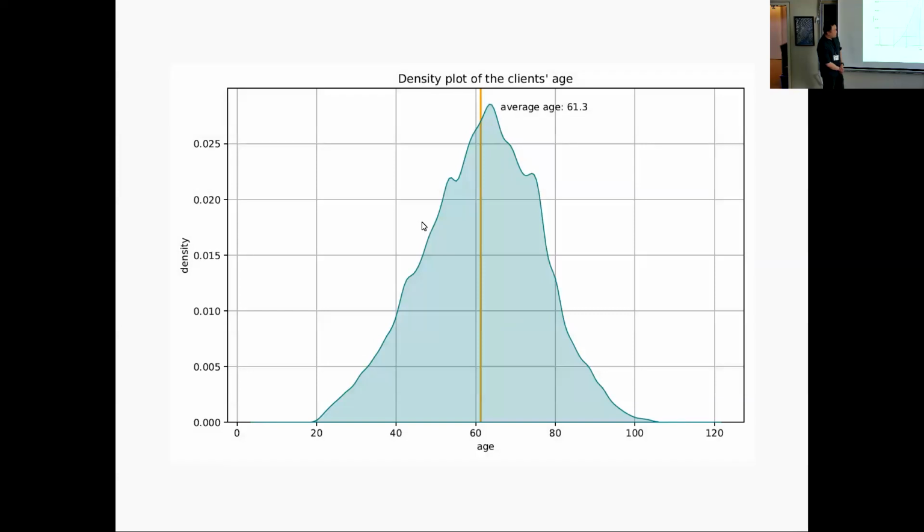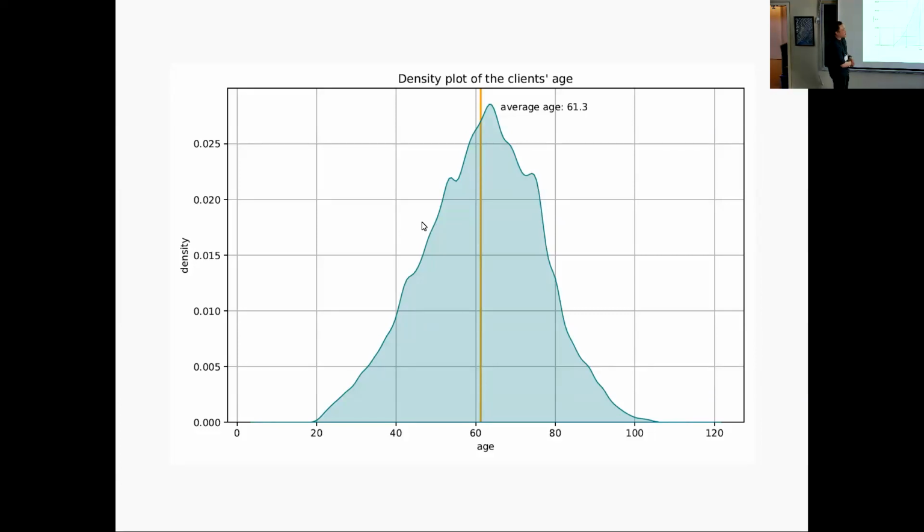And about the clients, we see that the average age of the client is 61.3 years old. So this is quite close to what is considered a normal retirement age. And it's worth noting that to open an investment account with this institution, you need to invest at least, I believe, $100,000.